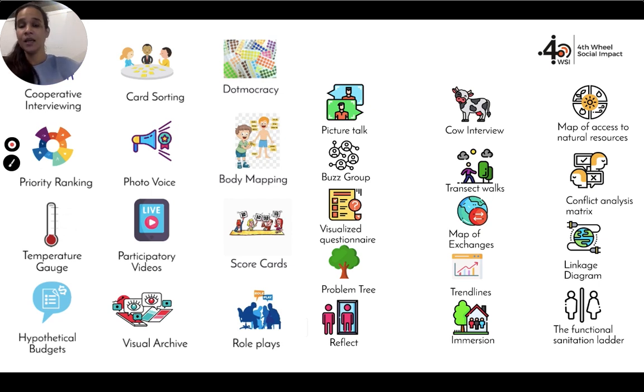Buzz groups, again, you could make a girls buzz group, you could make a boys buzz group, teachers, younger teachers, older teachers, basically to get similar groups of stakeholders together to have discussions around things that really matter to them relating to your program. You could also have visualized questionnaires.